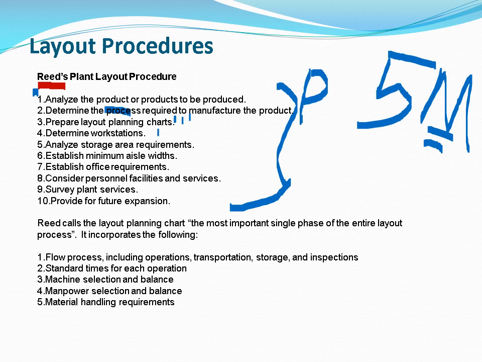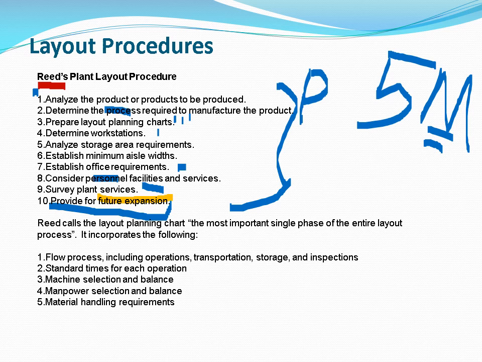Establish minimum aisle width, again, requirement for machineries. The office needs and wants. You consider the personnel, the survey, the plant services needed, and then the future expansion. What is endearing here is future expansion was considered.